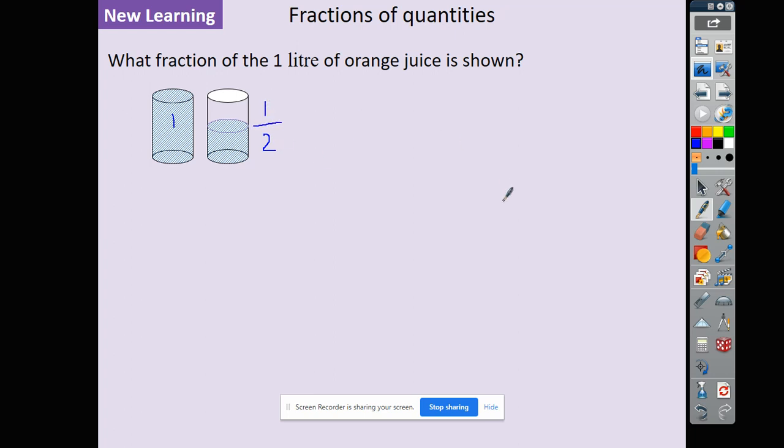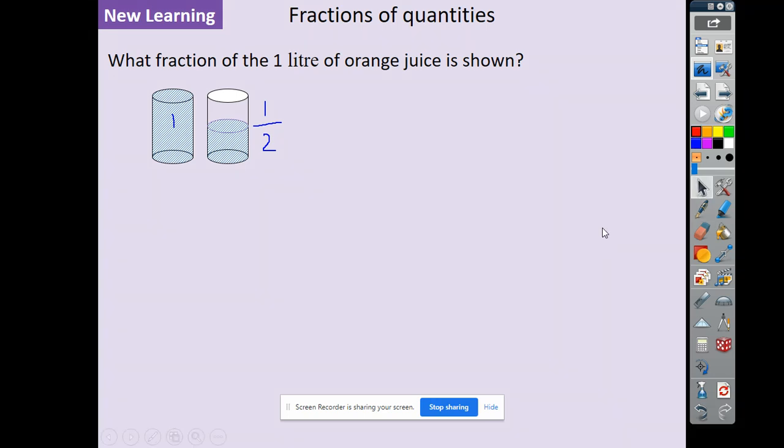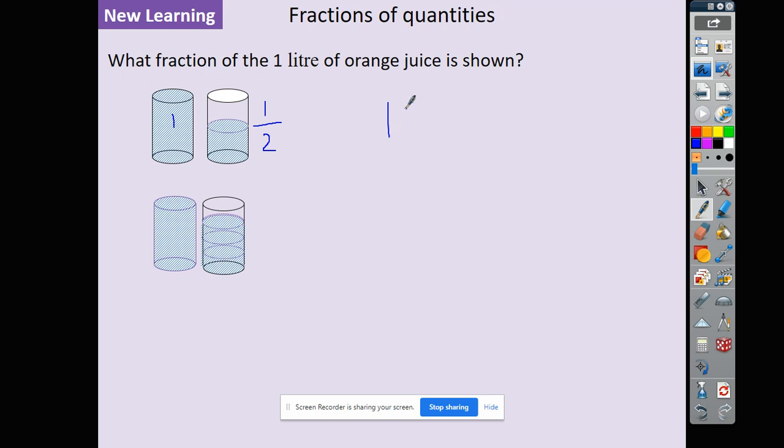So I have got 1.5 litres of orange juice. So make sure we write down 1.5. And I'm going to write an L there for litres. Or should we put litres? Makes it a bit clearer for you. 1.5 litres.